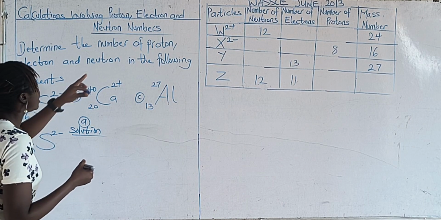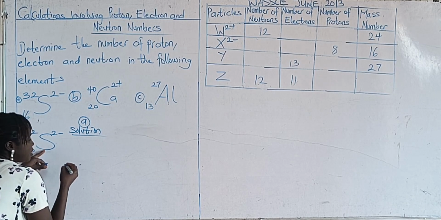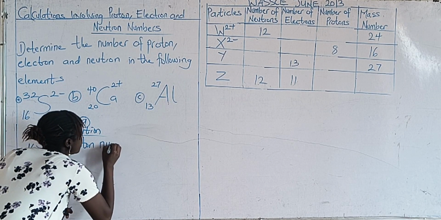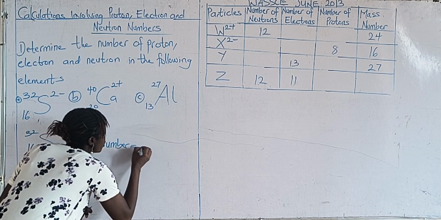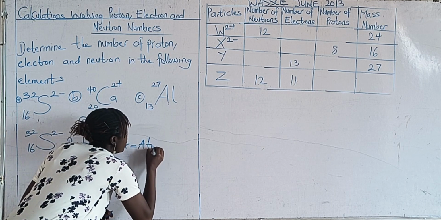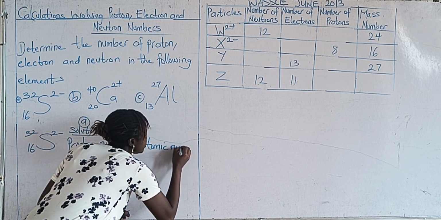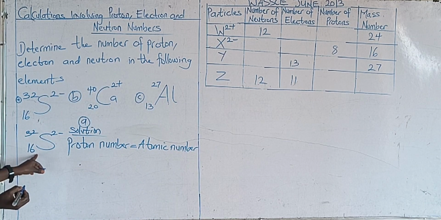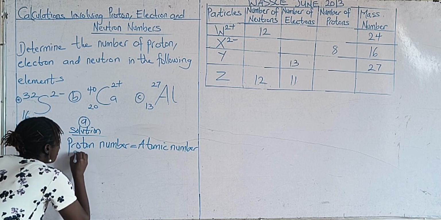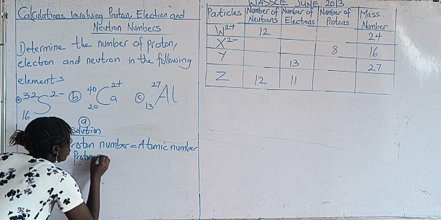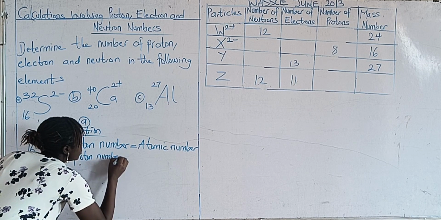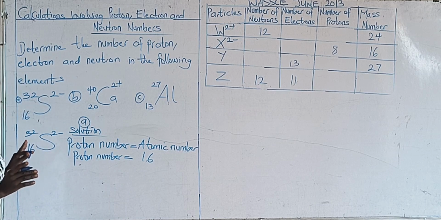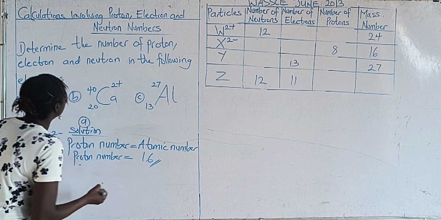Let's look at the proton number first. Proton number equals the atomic number, and the atomic number here is 16. So the proton number is 16.